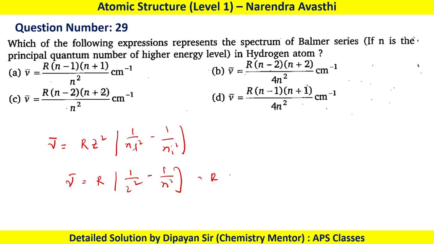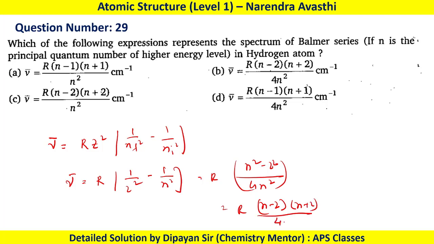So we can write R, 4 n square minus 2 square, or R divided by 4n square. So according to this, for question number 29, option B should be the correct option.